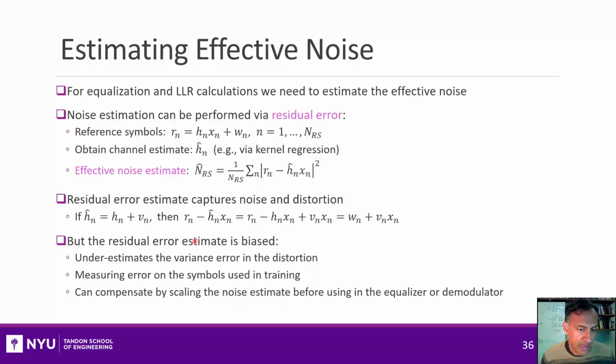But it will actually capture the bias error typically correctly. So if you wanted to be really precise, you could compensate this error in reality by scaling it up a little bit to account for the fact that it underestimates the noise. But if you're averaging over a large number of symbols, this error shouldn't be too large. And I'll show you how large it is in practice.